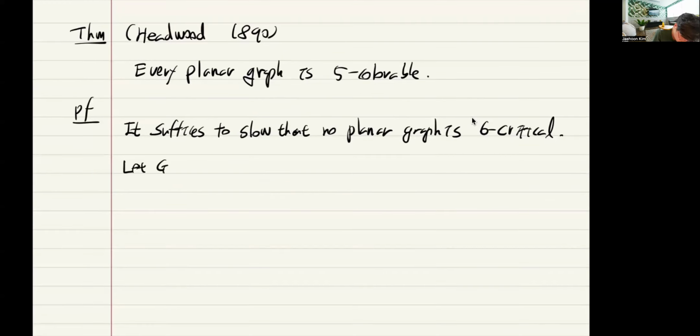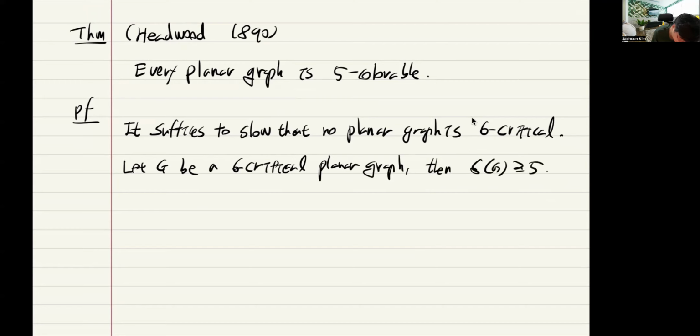So let G be a 6-critical planar graph. Then we know that its minimum degree is at least 5. But what do we know?